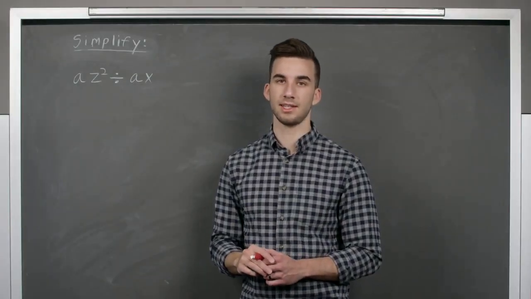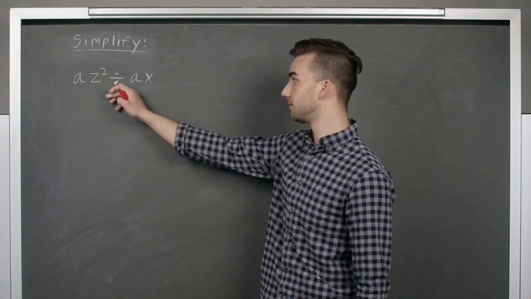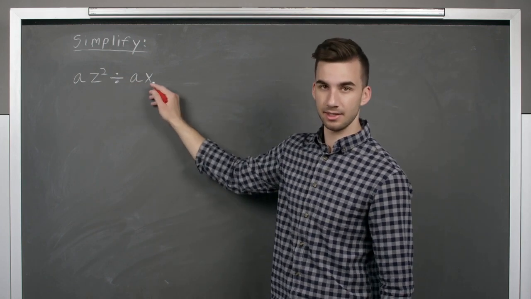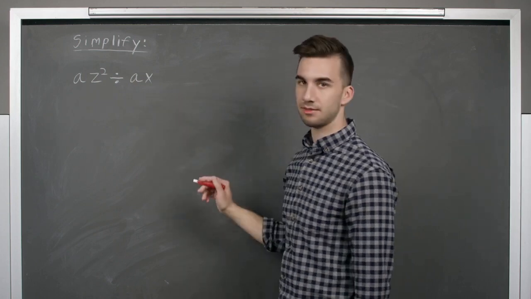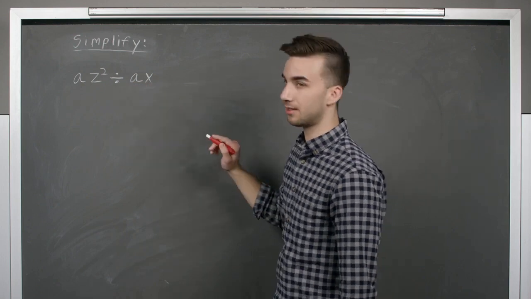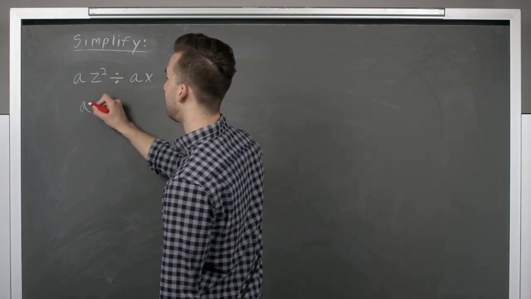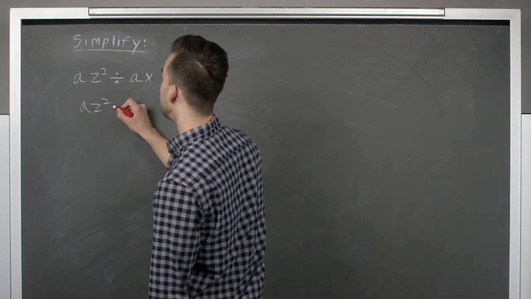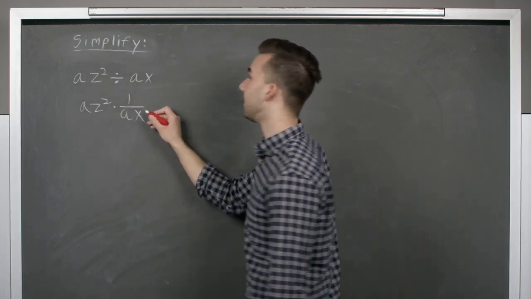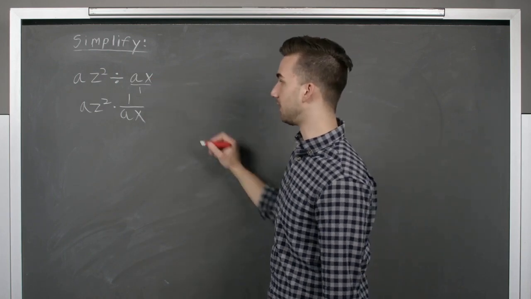So how do we divide? It's actually a lot like multiplication. All we do is when we see a division symbol, for the term right after it, we just put it underneath the fraction bar or reverse it if it's already a fraction, and we turn it into a multiplication problem. So this expression here can also be written as this, az squared times 1 over ax. Do you see how this was ax over 1, and then we just flipped it upside down?